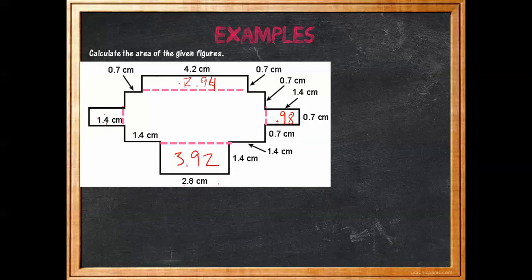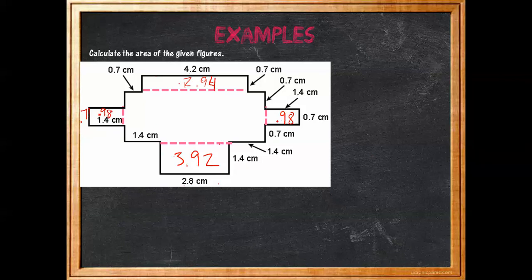Here, I know this is 1.4. If I look directly across to these, they're the same length, so I know that this is 0.7. So I can take 1.4 times 0.7, which I already did, so this one is actually 0.98.